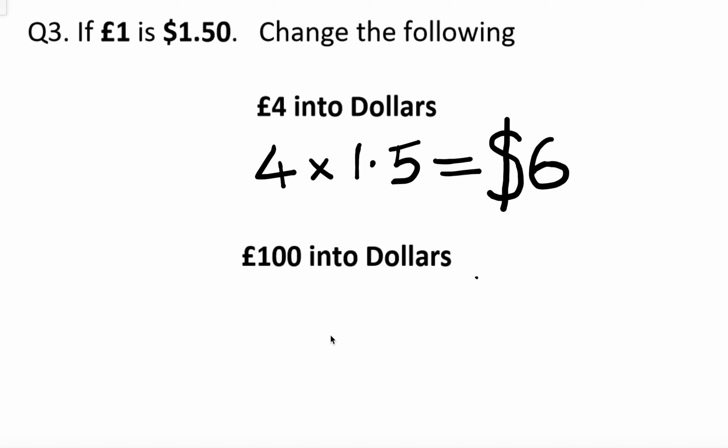So now the next part of the question is we've got £100 and we want that in dollars. And this isn't too bad really. So basically you've got 100 and you've got to multiply by 1.5 because that's what the exchange rate is for dollars. And what does that equal?